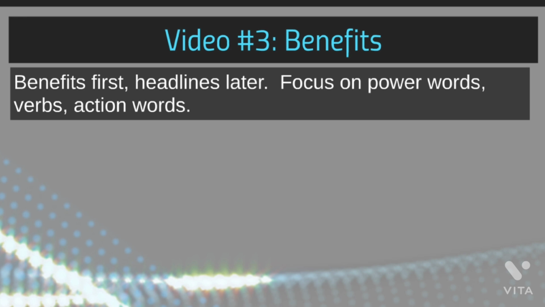And I really want you to focus on things like power words or verbs or action words. If you can include more of these within your bullet points and inside of your headlines and along with your benefits, then you will essentially create a pretty powerful headline and pretty powerful bullet points.